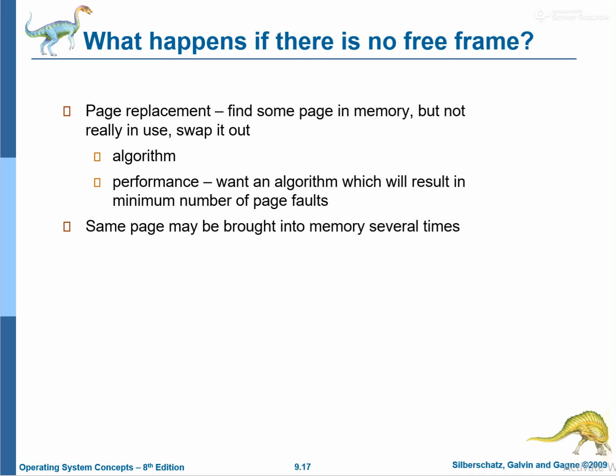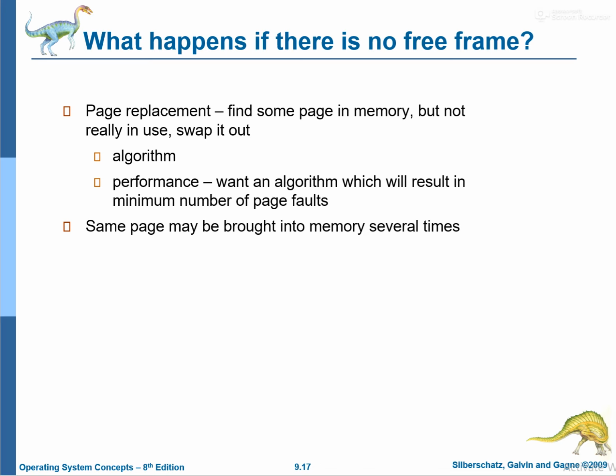Okay, when a process is executing and a page fault occurs, then the operating system has to find out where the desired page is present on the secondary storage, but then finds that there are no free frames on the free frame list in the main memory to bring that page in. So what do we have to do? In that case we need some page replacement algorithm which will find some free page or free frame in main memory that is not really in use.